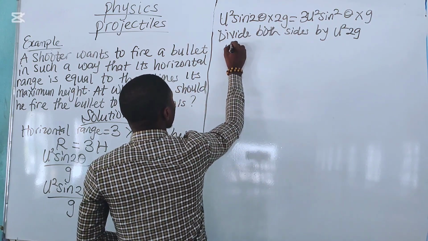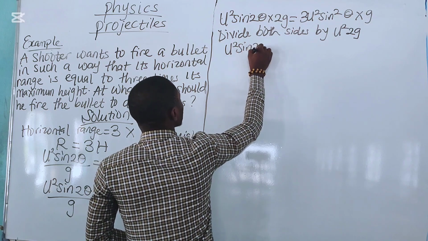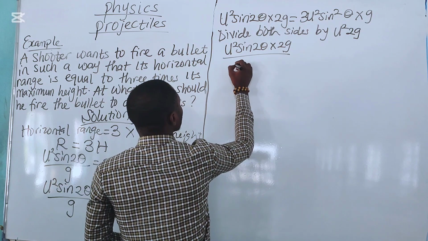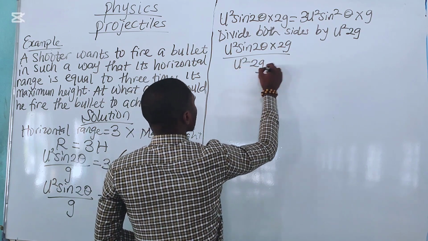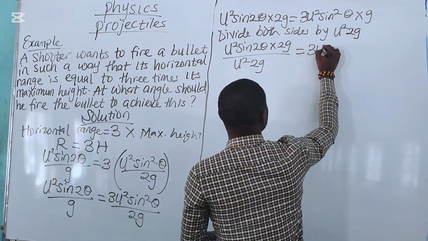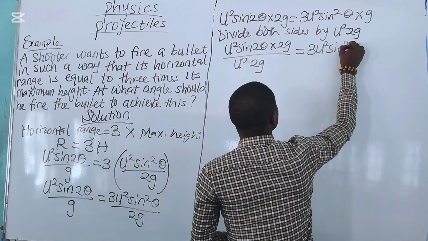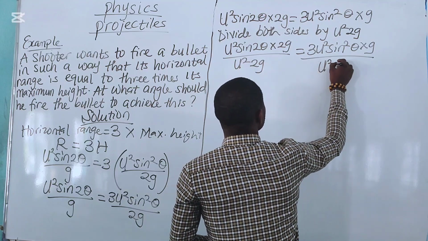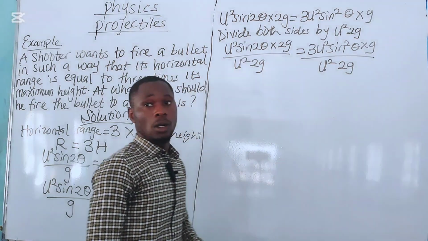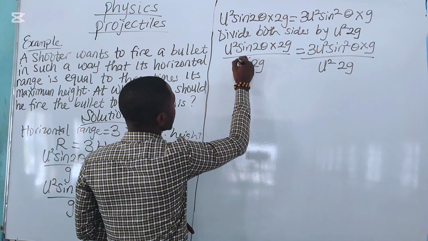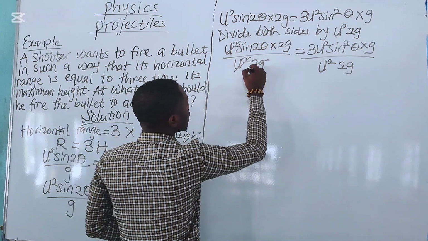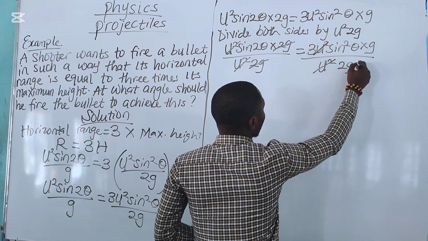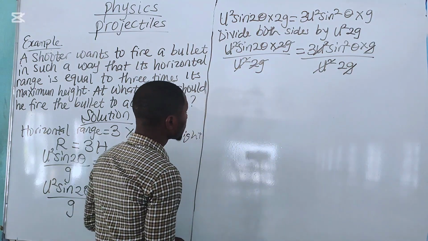We have u square sine 2 theta times 2g divided by u square 2g, equal to 3u square sine square theta times g divided by u square 2g. This u square goes with this u square, and this 2g goes with this 2g, and then this u square goes with this u square, and this g goes with just this g.